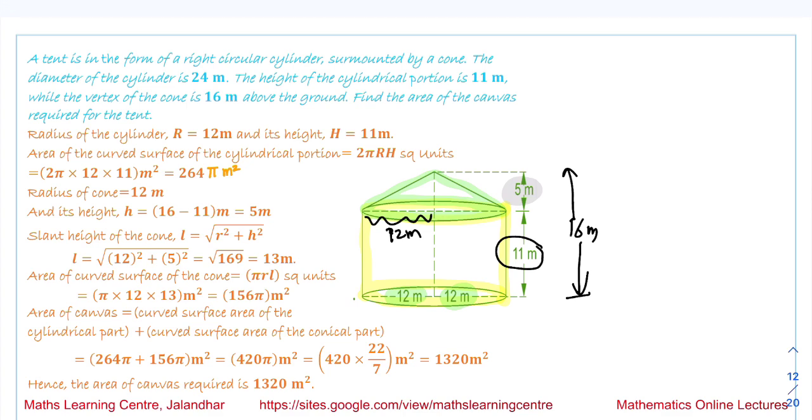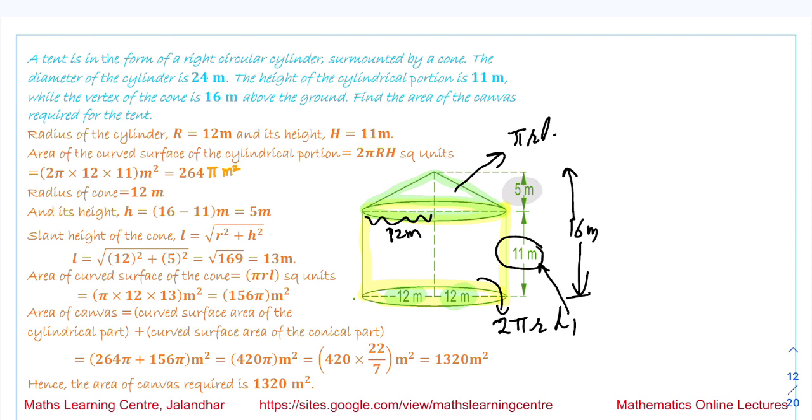So we have to find the area of the canvas required for the tent. So what we have to do is find the lateral area of this cylindrical portion and the lateral area of this cone. For the cylindrical portion, the formula we know is 2 pi r h1, where h1 is this height, and for this cone the formula is pi r l.